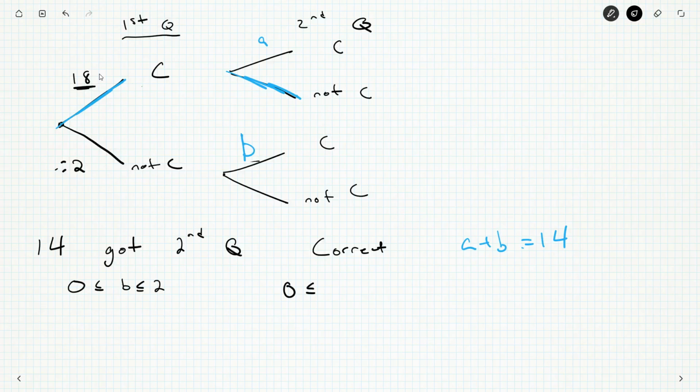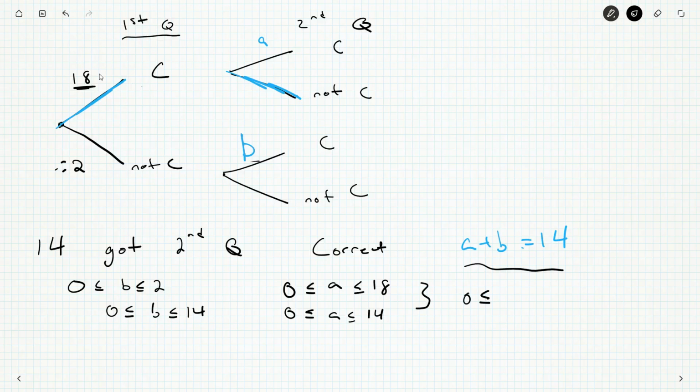A has to be between 0 and 18. But we also know that A has to be between 0 and 14, because at most 14 people got the first question correct. So this tells me A has to be between 0 and 14, and combining these two, B has to be between 0 and 2.